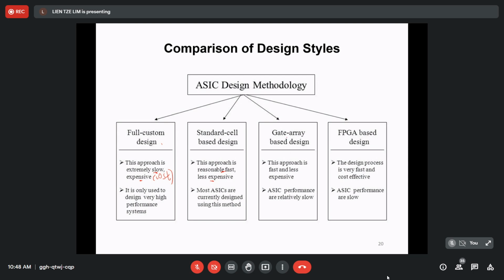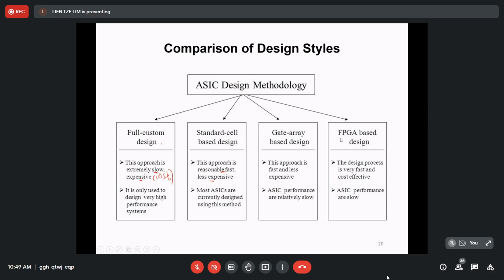And then for gate array based design, this approach is fast and less expensive. ASIC performance is relatively slow, meaning the performance of the IC is lower than for an IC designed using standard cell based design.